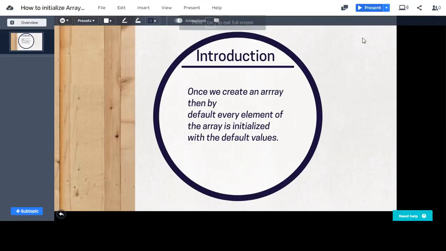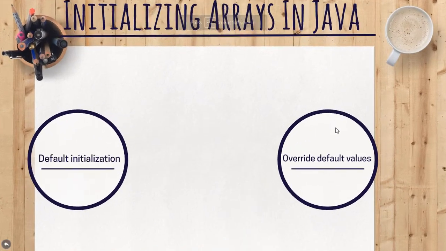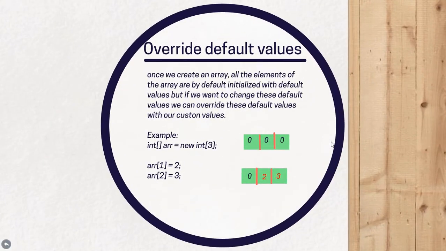Now we will look at another concept, which is overriding default values. How we can override the default values which are by default given to the array elements. Once we create an array, all the elements of the array are by default initialized with the default values. But if we want to change these default values, we can override them with our custom values. For example, here I have created an integer array of three elements.